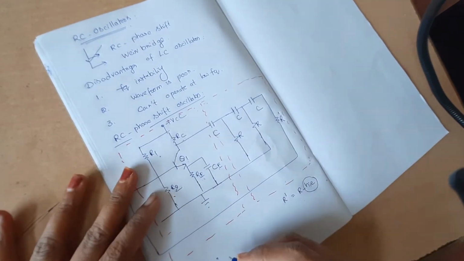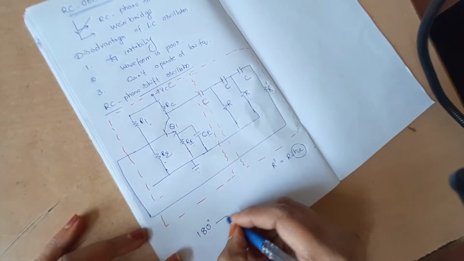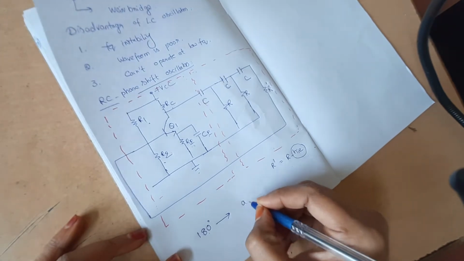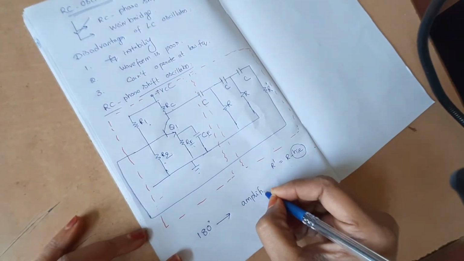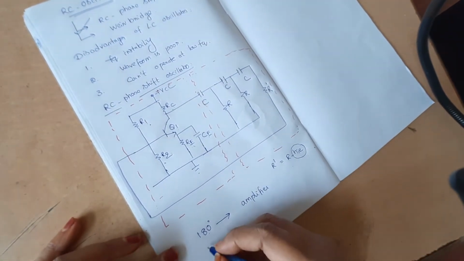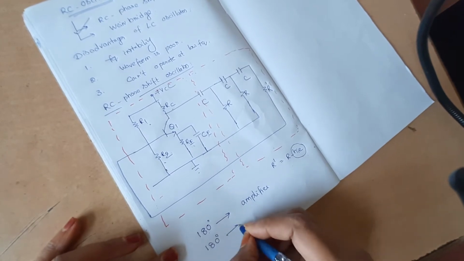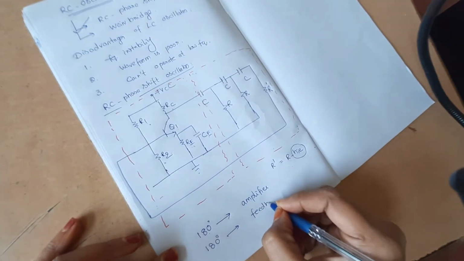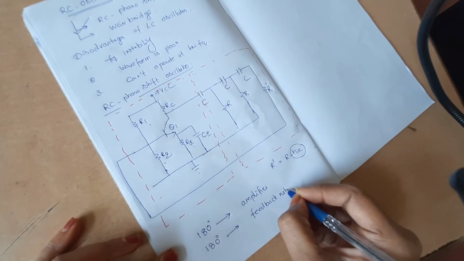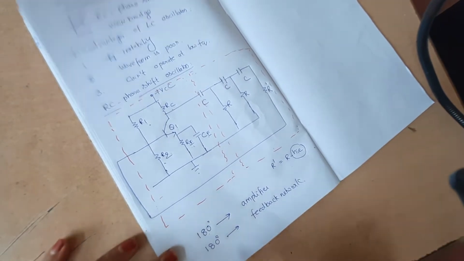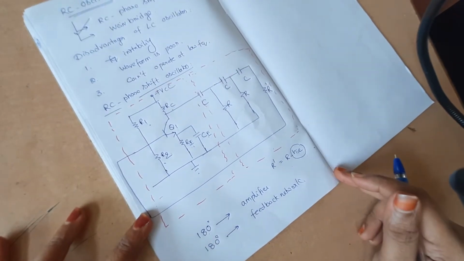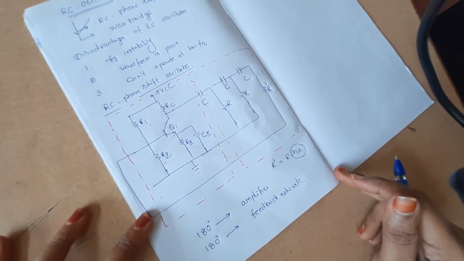Here 180 degrees phase shift is produced by the amplifier stage, and another 180 degrees is produced by the feedback network. So the total is 360 degrees, and the Barkhausen criterion is satisfied.